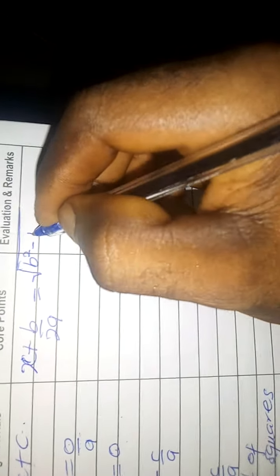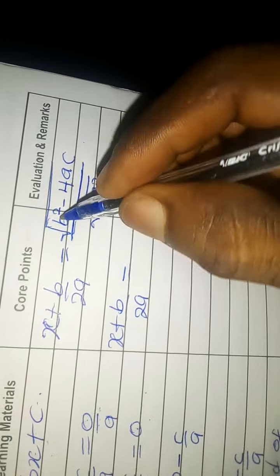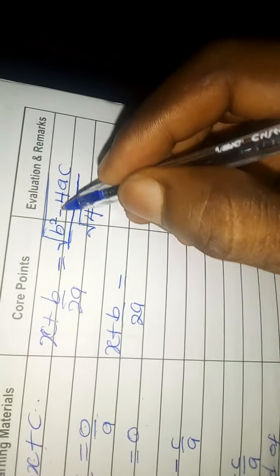That means the numerator is going to take its own square root, having b squared minus 4ac. And then the denominator is also going to take its own square root, which is 4a squared. Very good. Now we have x plus b over 2a is equal to, see this, because of these two terms, we can never do anything about it. So it is going to remain the same.